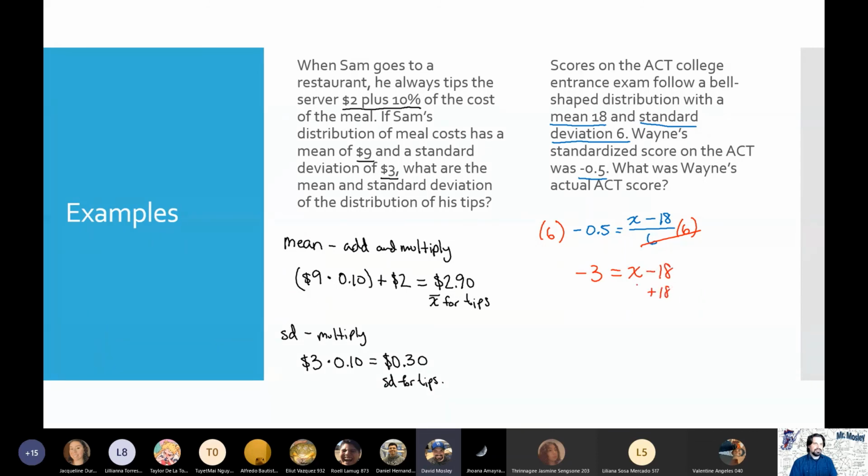Add 18 to both sides to cancel out the 18 that's along with the x. And we have negative 3 plus 18 equals 15. And that equals x. That means that Wayne's actual ACT score was 15.